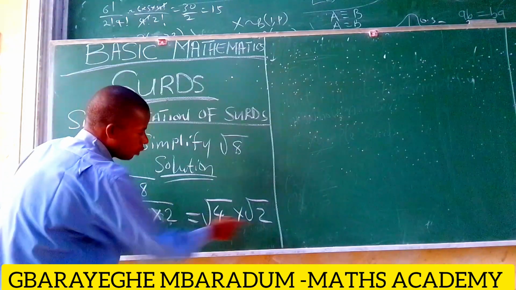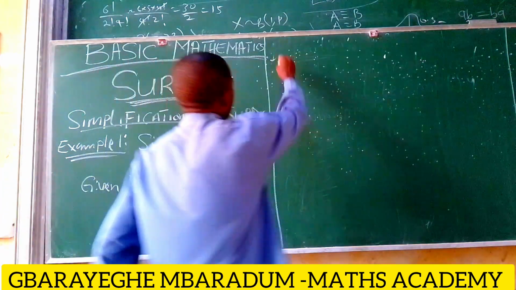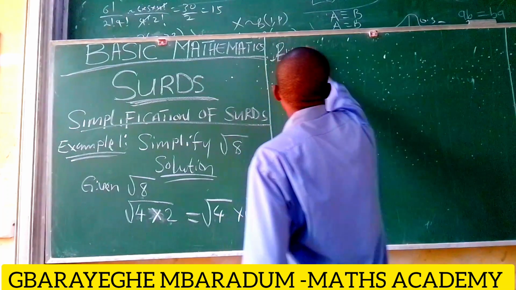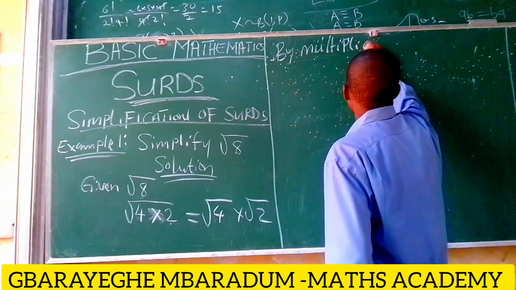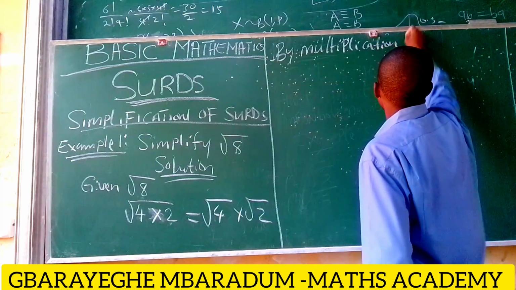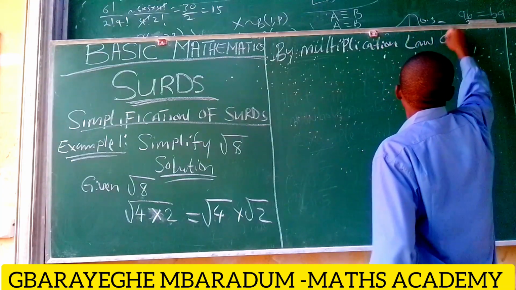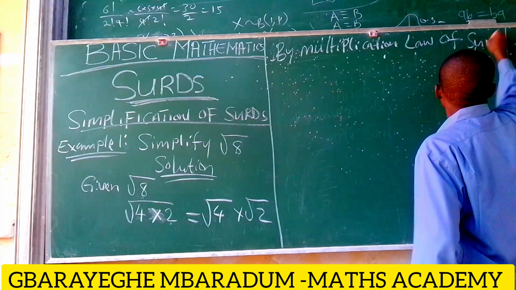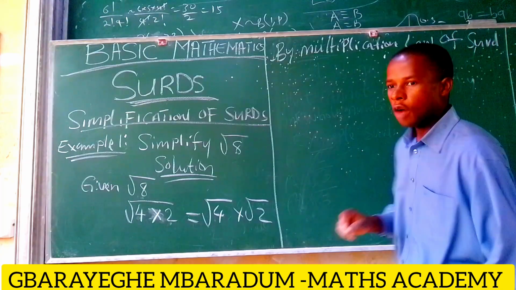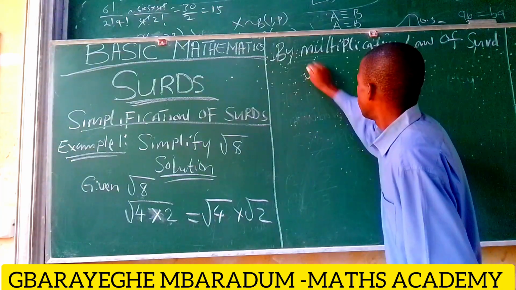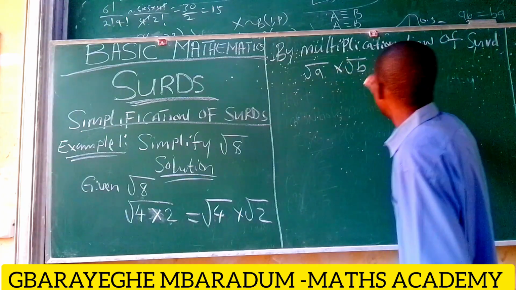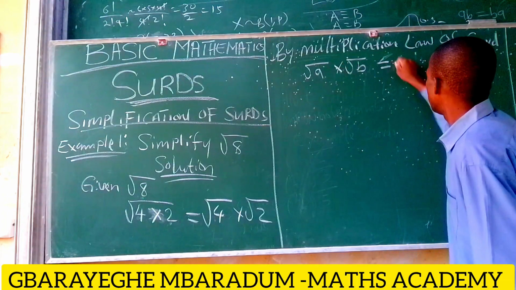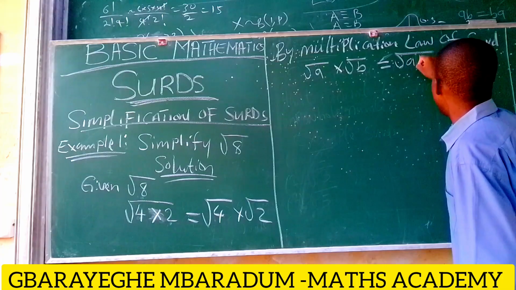By the multiplication law of surd, we know that square root of A times square root of B is the same thing as square root of A times B.